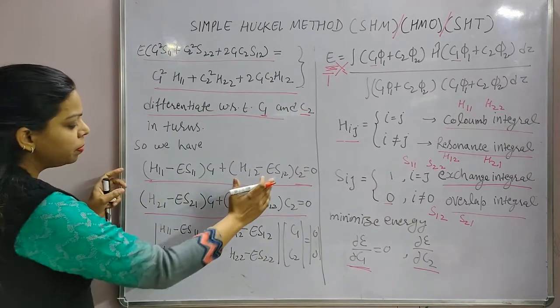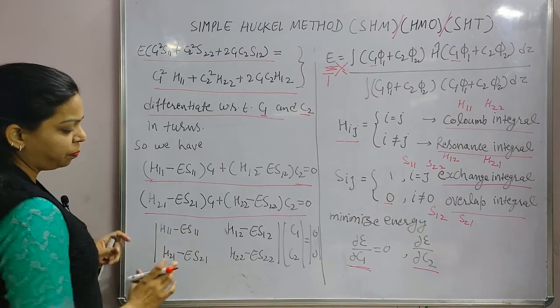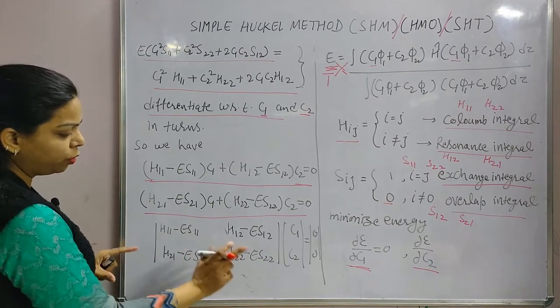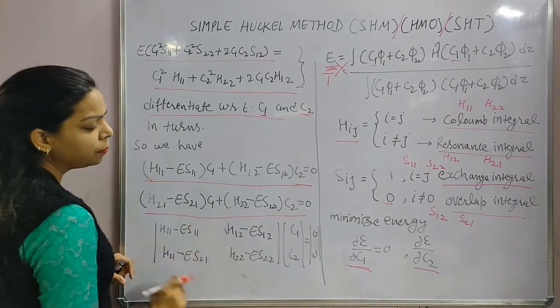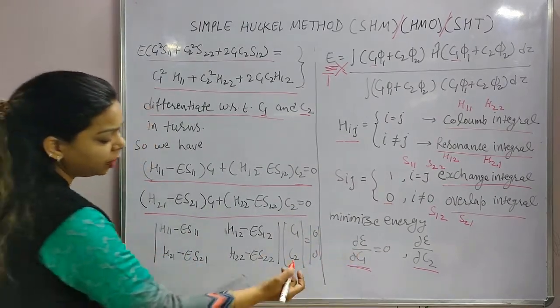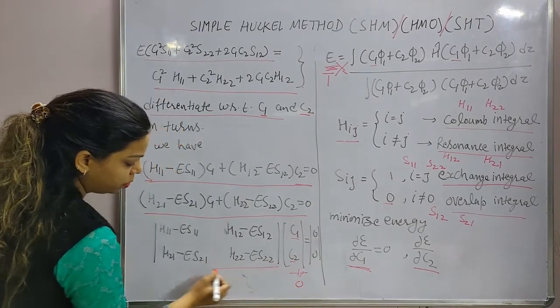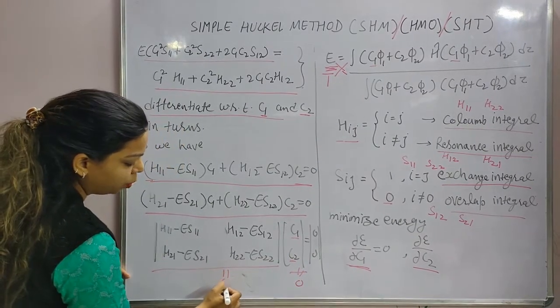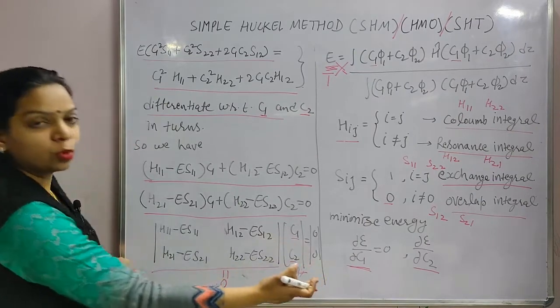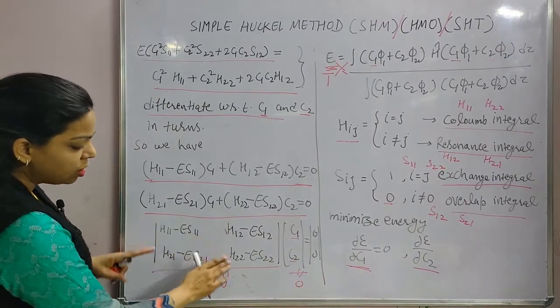So we can write this equation in determinant form. So I have written this. We have 4 elements, 1, 2, 3 and 4, here C1 and C2, and 0, 0 on the other side. But C1 and C2 cannot be equal to 0, so this determinant has to be equal to 0. So I am putting this entire determinant equal to 0, and I will then cross multiply it.